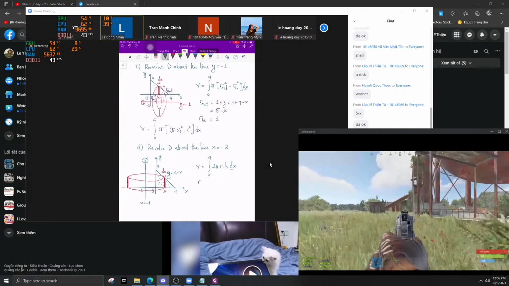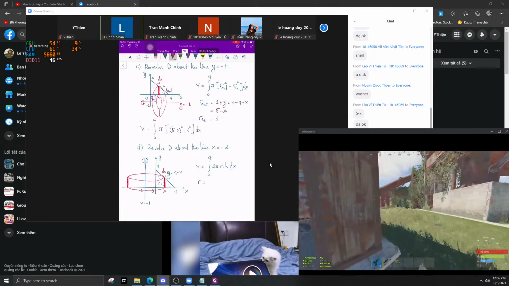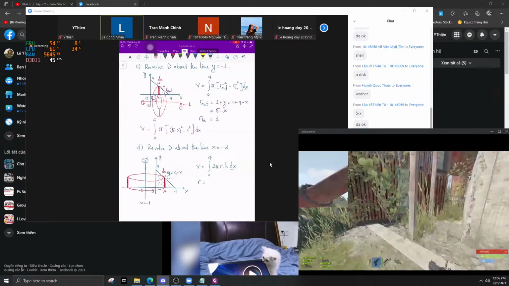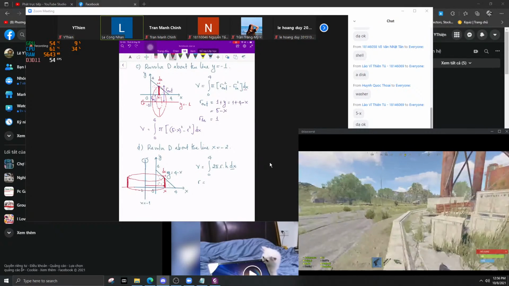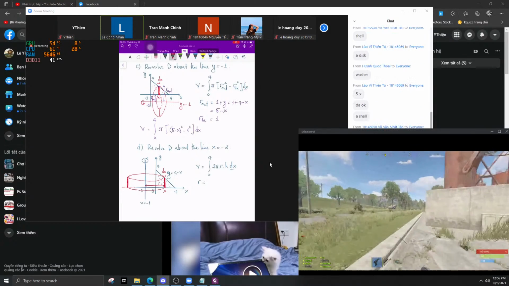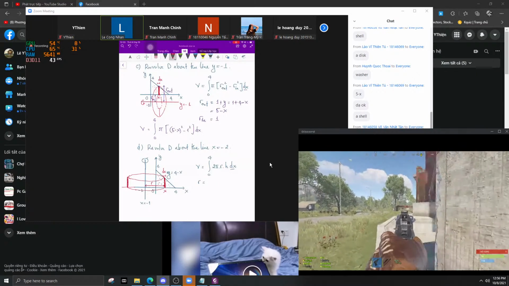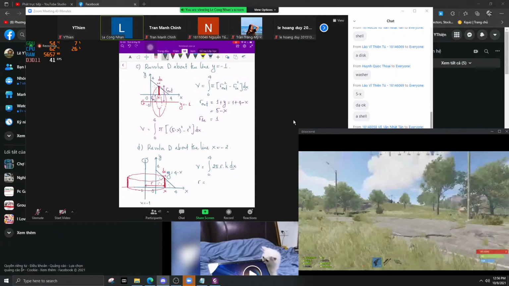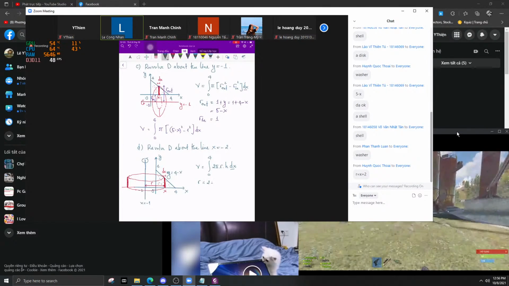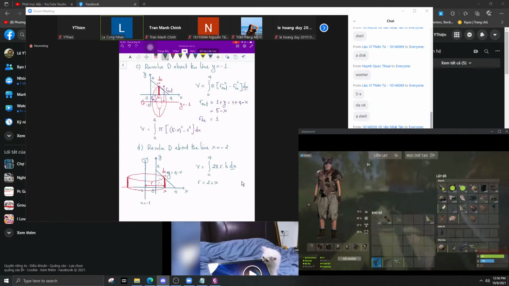So what about the radius in this case? The radius is the distance between the axis of revolution and the representative rectangle. The distance from -2 to 0 is 2, plus the distance from 0 to x, that is x. So the radius is equal to 2 plus x.